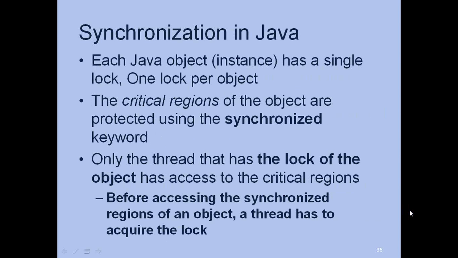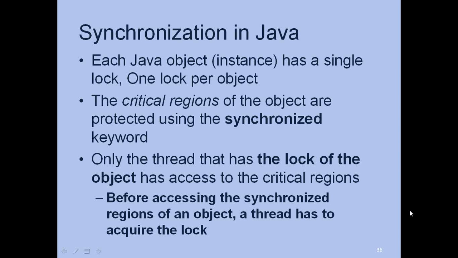So the way synchronization works here is each Java object (in brackets, instance) has a single lock, one lock per object. You have to understand that. The critical regions of the object are protected using the synchronized keyword. Whenever these critical parts of the program are there, they are protected using the synchronized keyword.